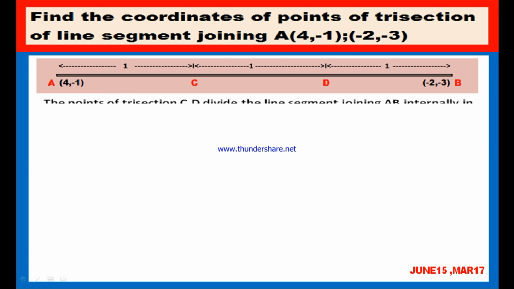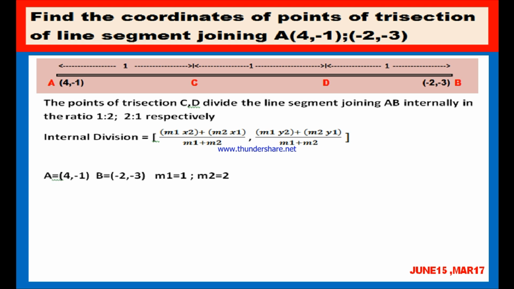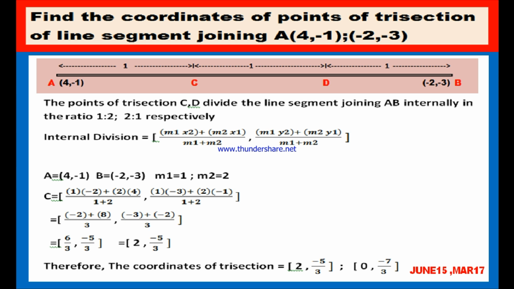Now here is the solution. The points of trisection C and D divide the line segment AB internally in the ratio 1:2 for point C, and 2:1 for point D respectively. Now let us write the formula for internal division: (m1 x2 plus m2 x1) by (m1 plus m2), and (m1 y2 plus m2 y1) by (m1 plus m2).